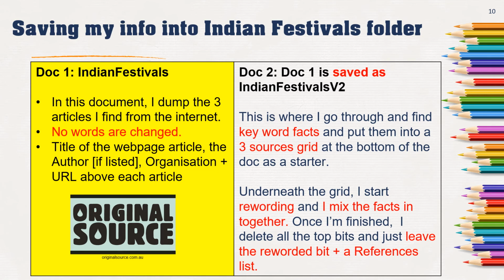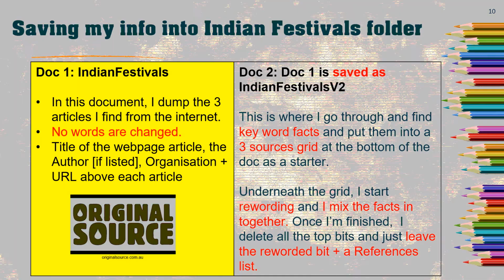So now I make sure that I go and I delete all the top bits, the grid and all the bits above the grid, so that all I've got left in Indian Festivals version 2 is actually my rewording and a references list. And I print that out, and then I look at my new document, and I compare it to the original wording to make sure that I have made enough changes.